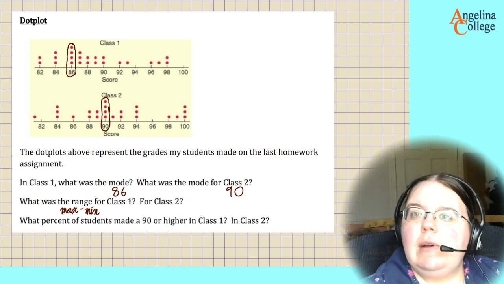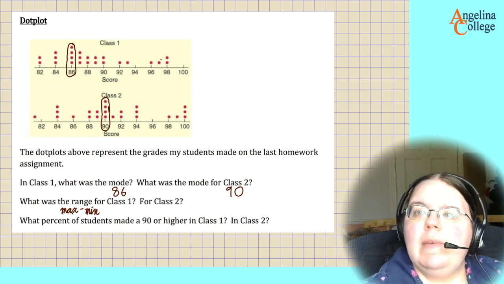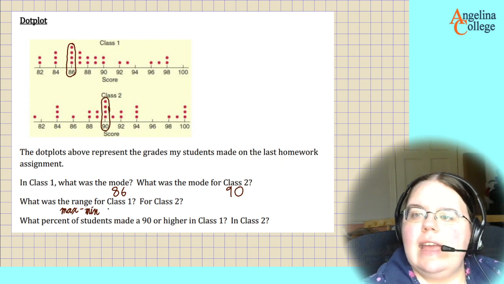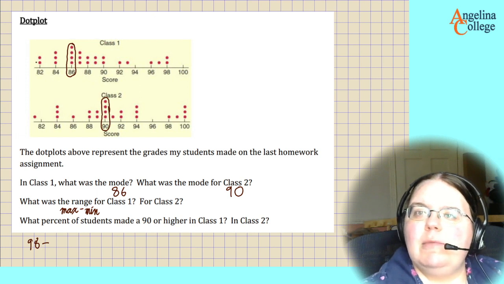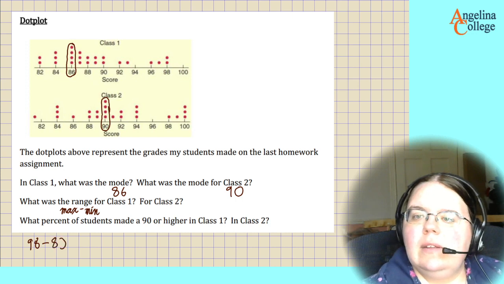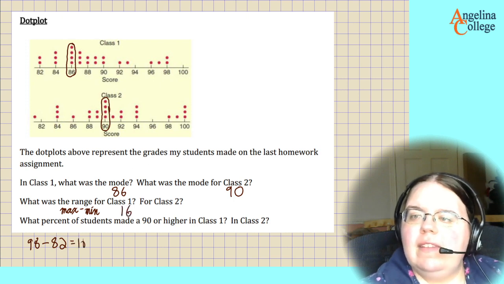So for class 1, we'll look for the maximum, and that's the greatest number that has a dot, so 98. Minus the minimum, so that'll be the smallest number that has a dot, so 82. Well then 98 minus 82 would be 16. So the range for class 1 was 16, and then for class 2.